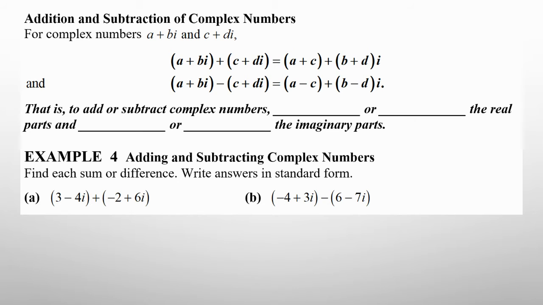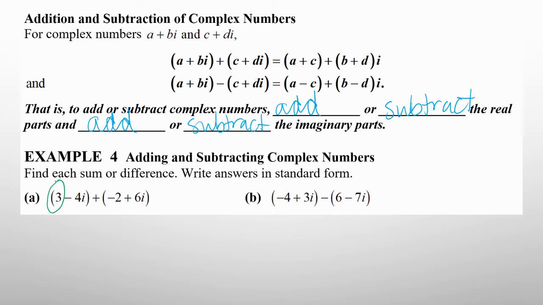Adding and subtracting. When we're adding and subtracting, this is just like when we were adding and subtracting polynomials. We're combining like terms. So we add or subtract the real parts and add or subtract the imaginary parts, aka like terms.